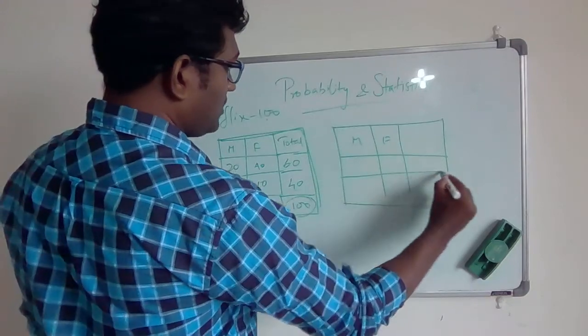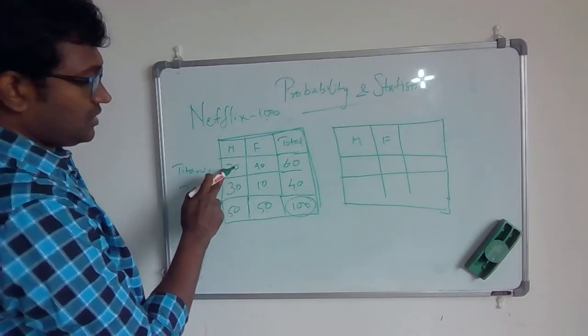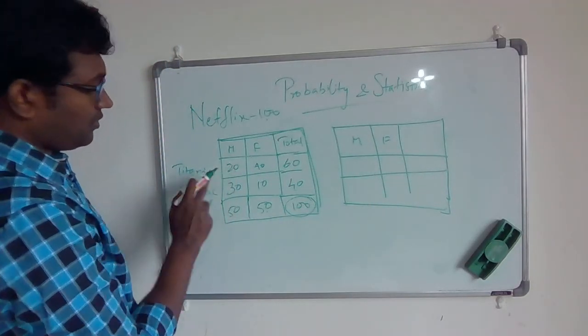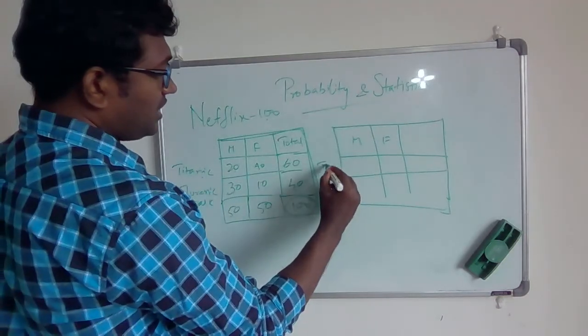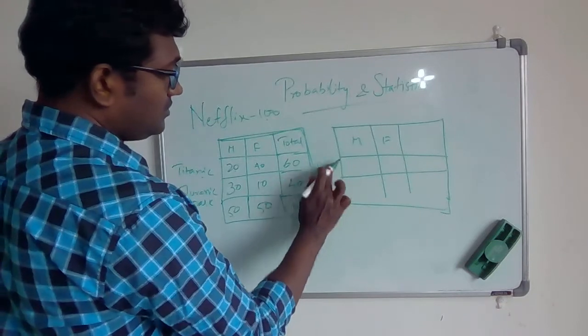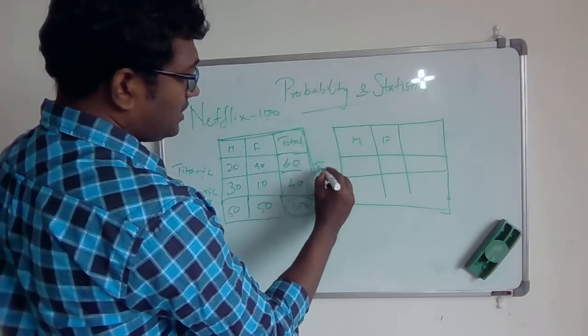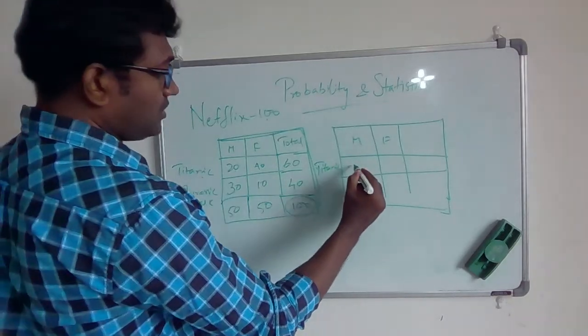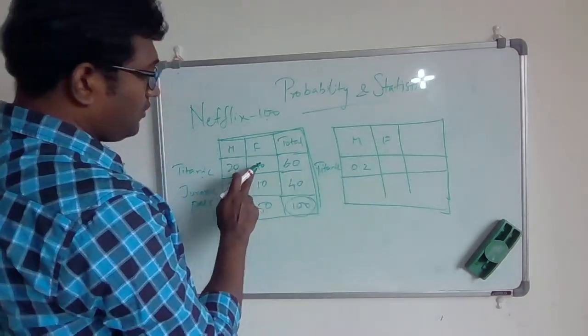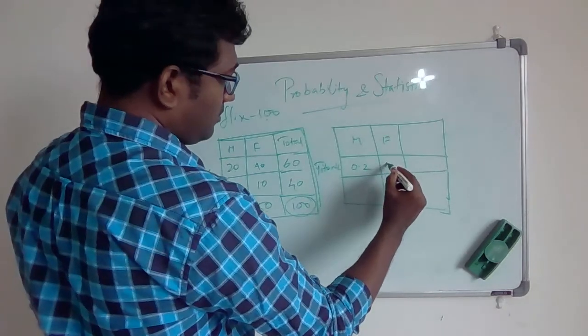Here, this is male and this is female. There are 20 males who have watched Titanic, out of 100. So for Titanic, 20 out of 100 watched it, so it's 0.2. 40 out of 100 watched it, so 0.4.